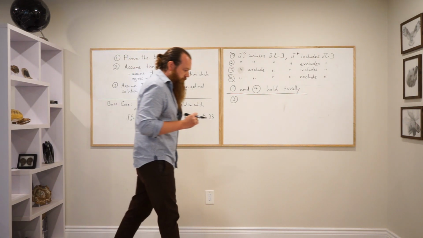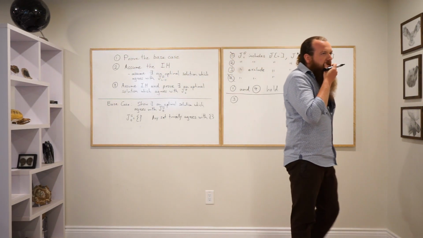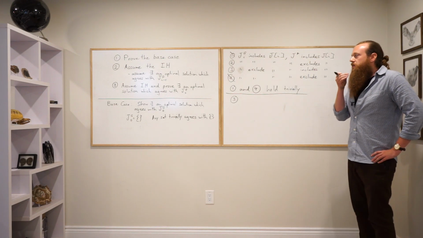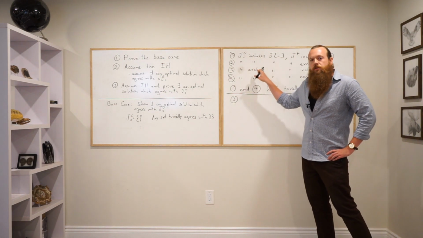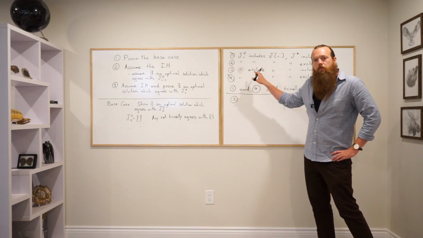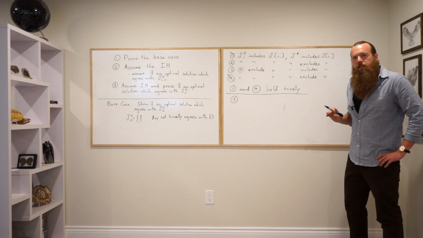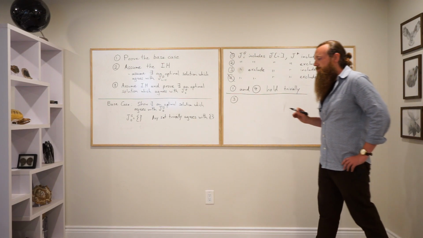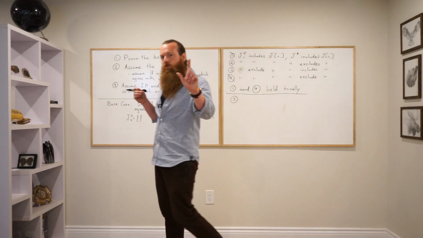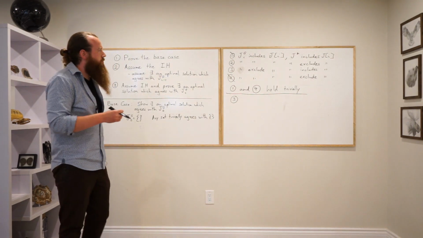Case 3. This is where our greedy solution excludes the ith job, but this so-called optimal solution includes the ith job. And remember, we're also assuming the inductive hypothesis.